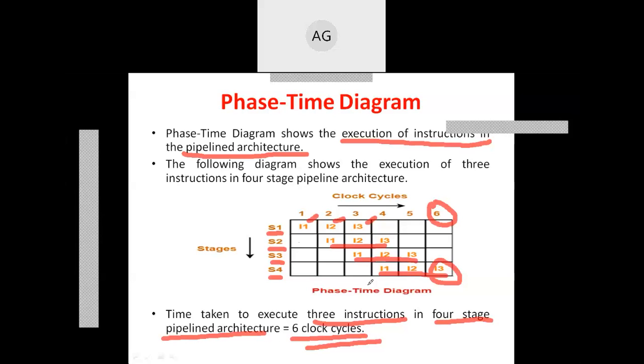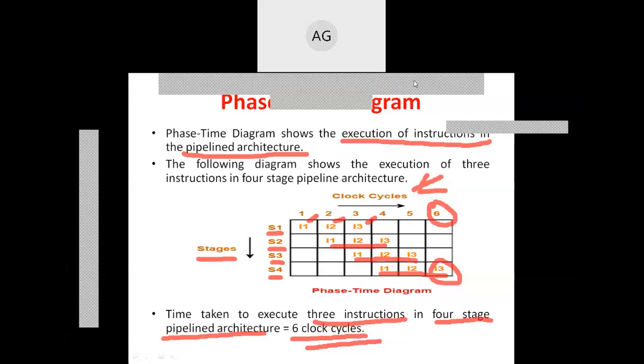You just need to draw a table, which is a form of matrix, and here you can write the stages row-wise, and column-wise you can write the clock cycles, and the values of this matrix or table can be filled with the instructions. So you can easily calculate the clock cycles required in the case of pipelined execution.